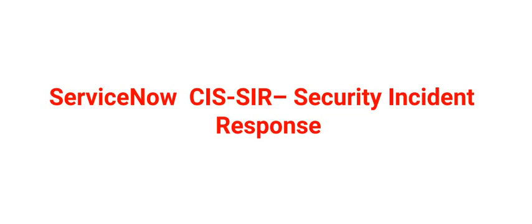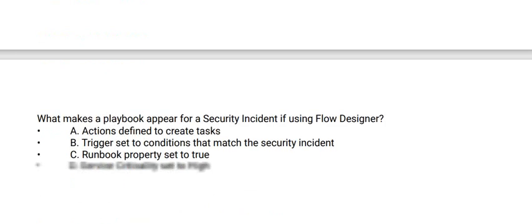Now, today's question is, what makes a playbook appear for a security incident if using Flow Designer? Options are option A. Actions defined to create tasks. Option B. Trigger set to conditions that match the security incident.